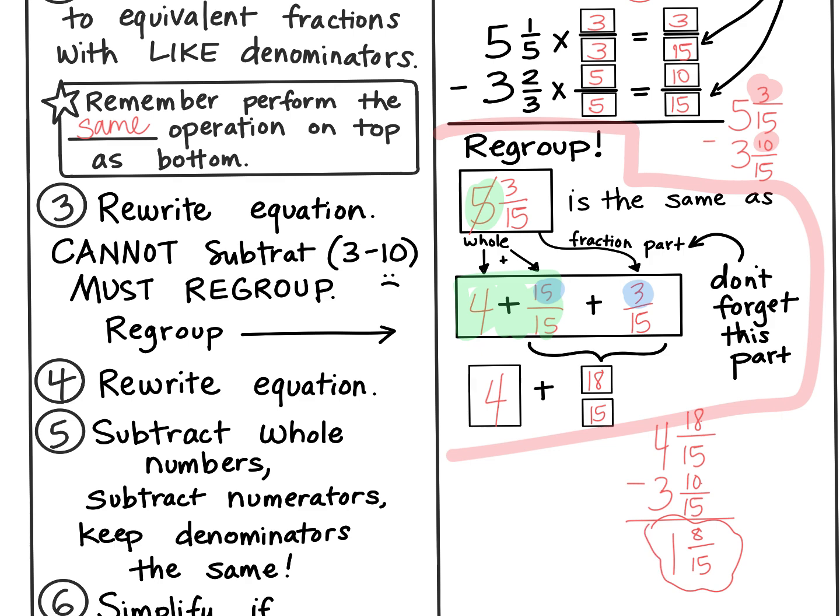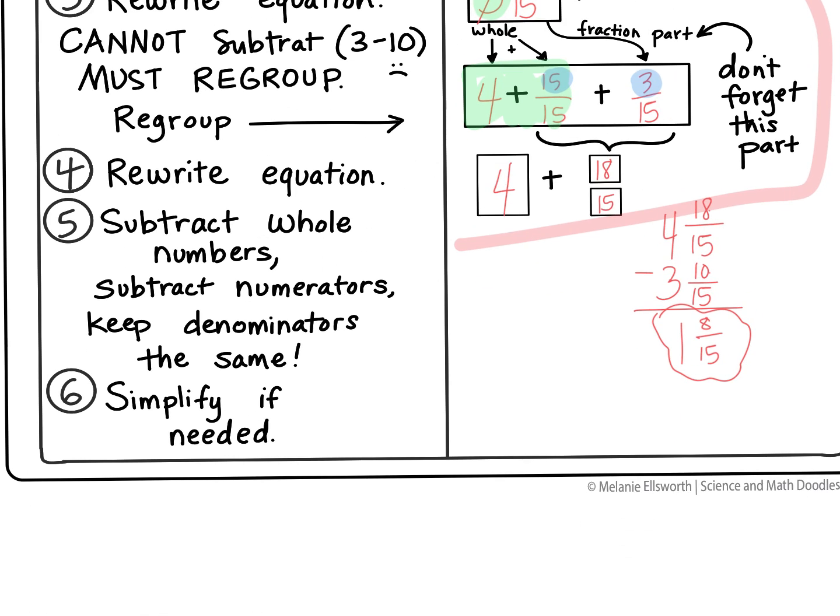Now there's one other way you can do this if regrouping gets confusing. So you've got a little bit of white space somewhere, maybe, hopefully. This doesn't take much. You still have to find a common denominator to do the way I'm about to show you. So I'm going to just block off a little section here.